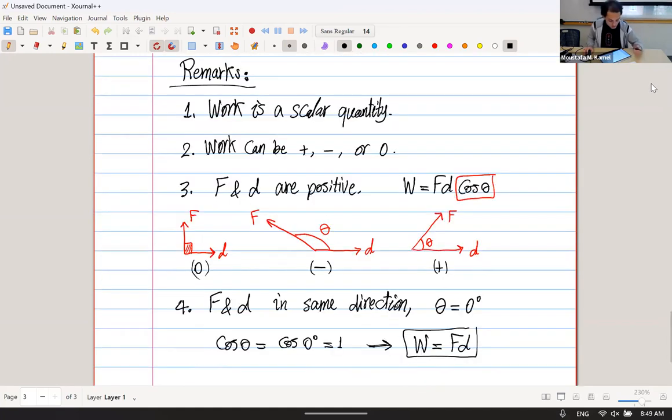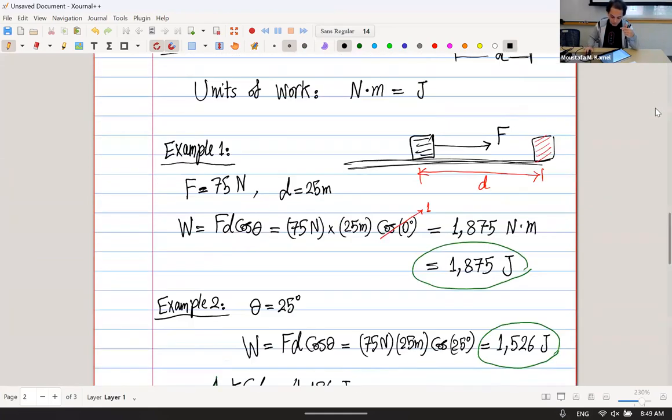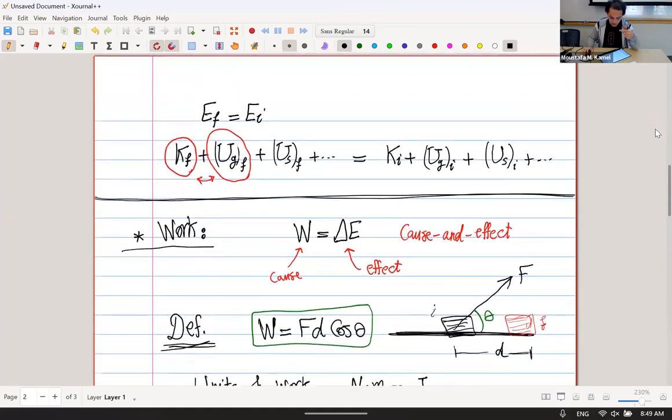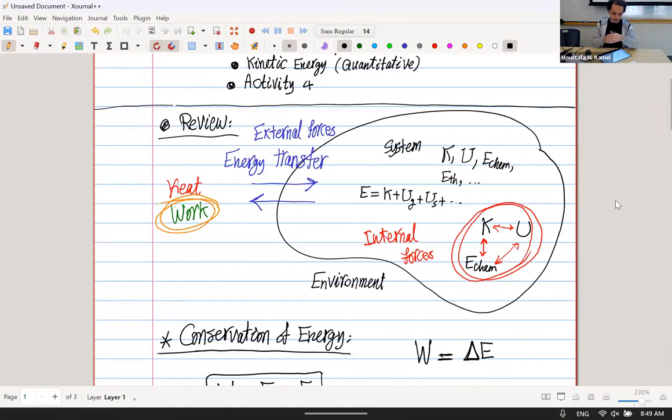Yeah, so this takes us back to this remark. So we said it can be positive, negative, or zero, but this sign doesn't indicate direction. Rather, it indicates whether energy is transferred into the system, taken out of the system, or there is no energy transfer at all. So if work is positive, then energy is transferred into the system.